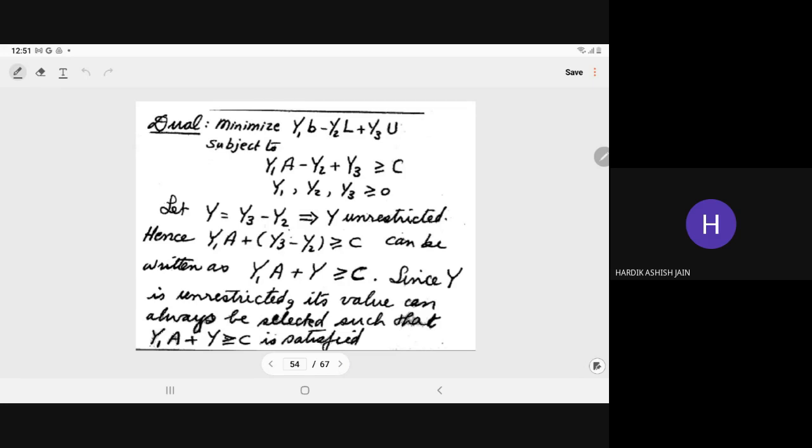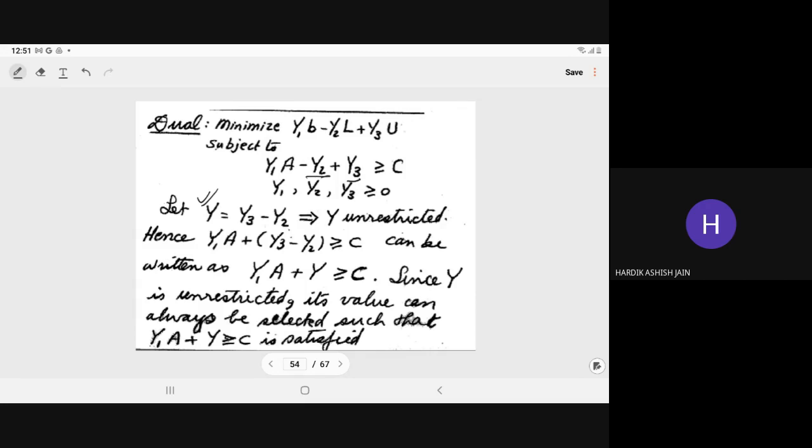Now if y1, y2, y3 are non-negative, then we can write y3 minus y2 as an unrestricted variable. Let's say y is equal to y3 minus y2. So y is unrestricted. Your problem will become y1a plus y greater than or equal to c.